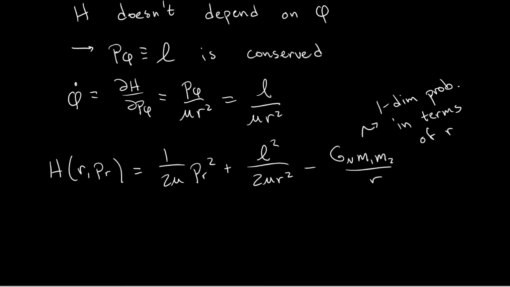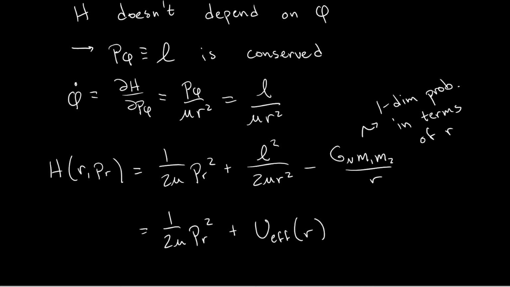And we can actually get a ton of insight just from this, especially if we write this as a Cartesian Hamiltonian, right? So this is a 1-dimensional Cartesian kinetic term where the mass is the reduced mass, plus what I'll call U effective of r.